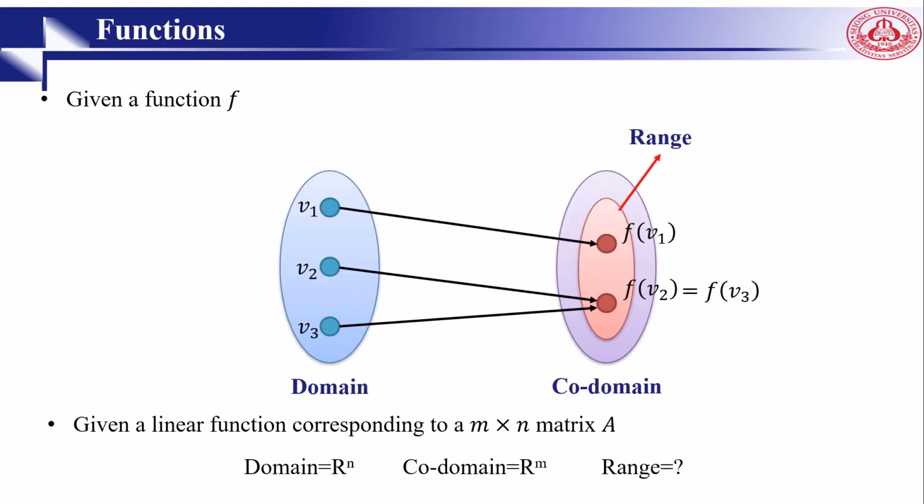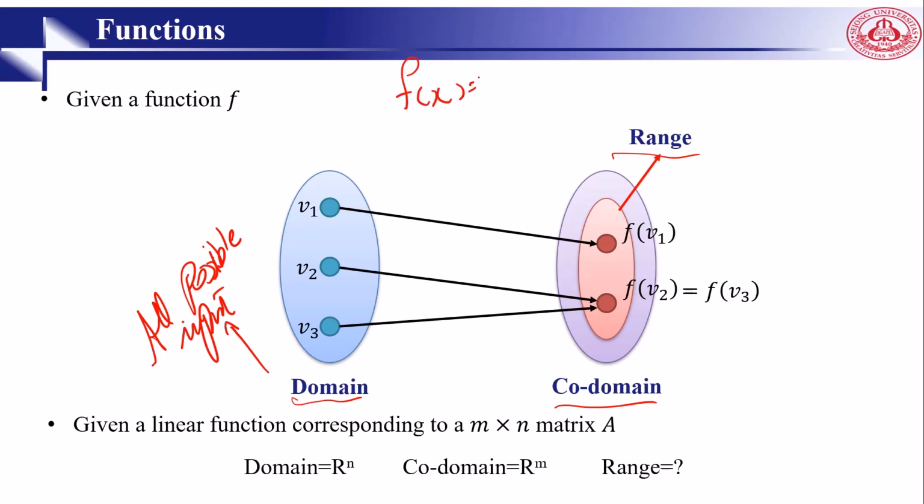In the context of functions, we need to understand domain, range, and codomain. The domain of a function refers to the set of all possible inputs. What we can input to a function. For example, if you have f(x) equal to x squared, you can enter any number here, right?